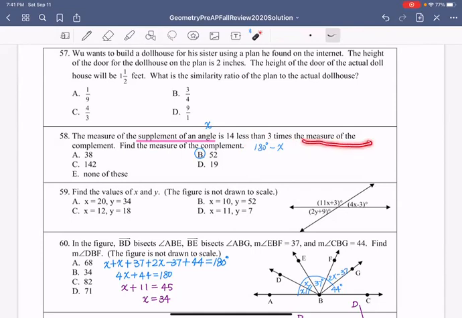The measure of the complementary, what's this guy? A complementary angle is 90 degrees. The measure of the complementary is 90 minus x. This is a pink.